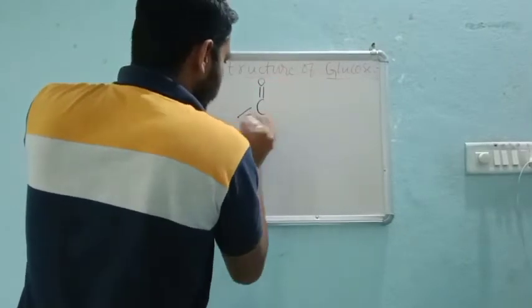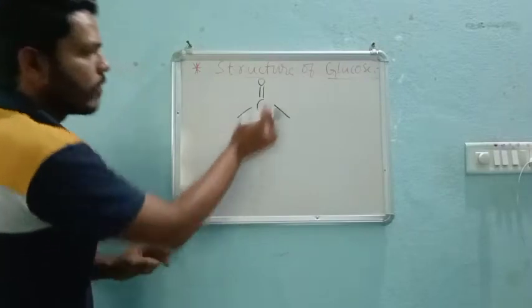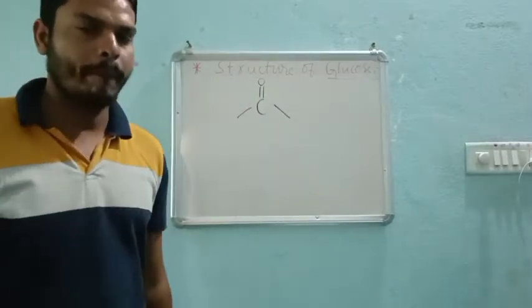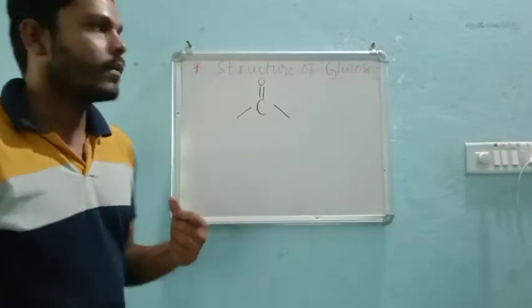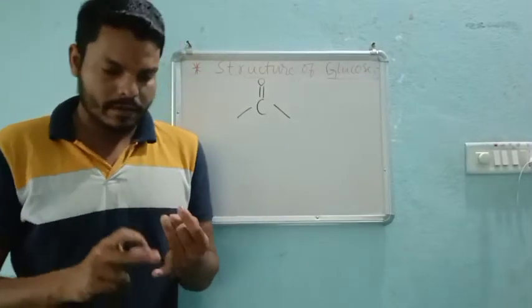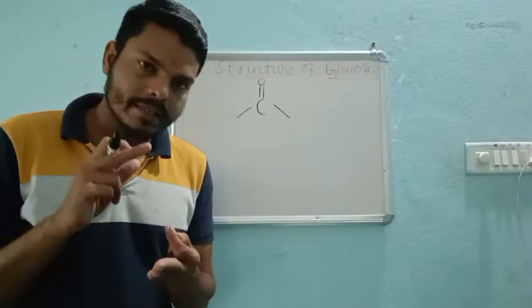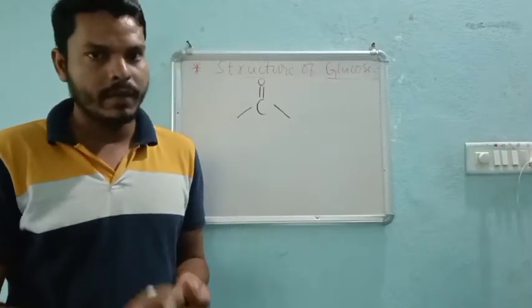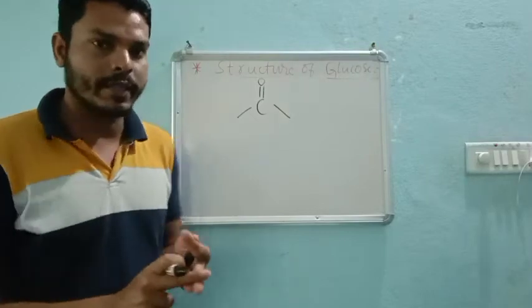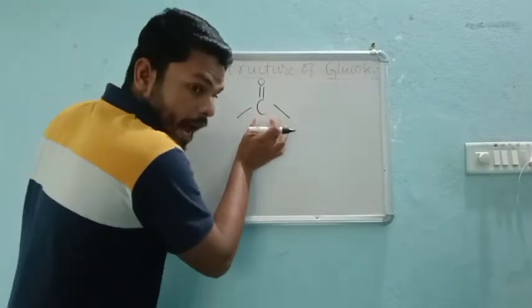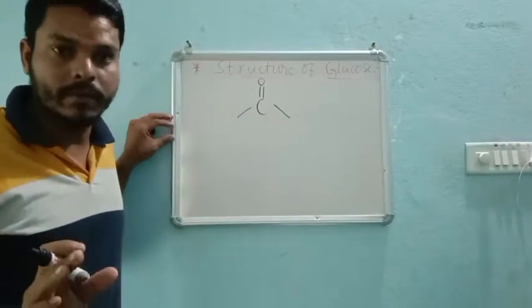This is called a carbonyl group. In aldehyde, ketone, as well as carboxylic acid, this carbonyl group is common.